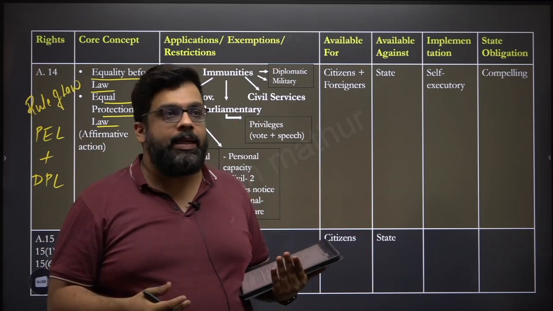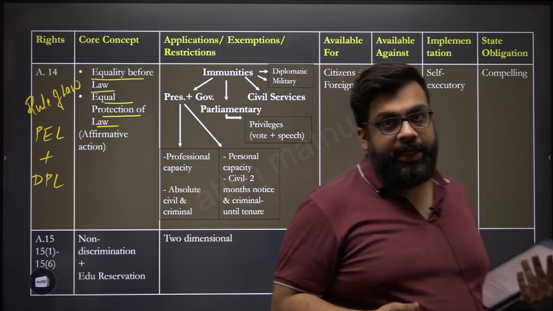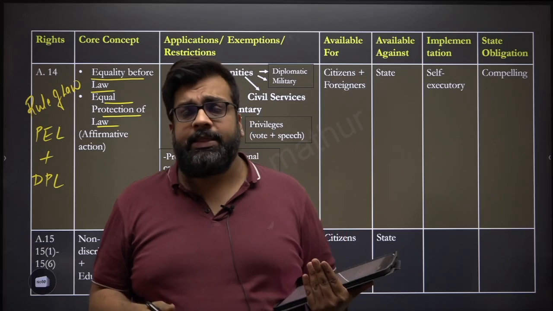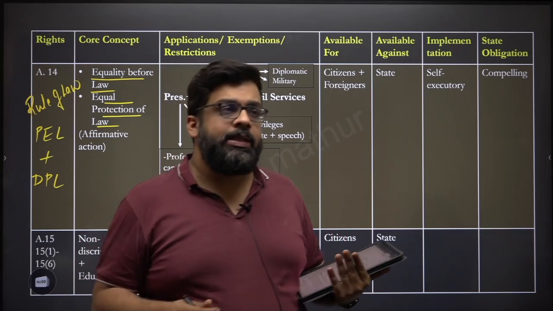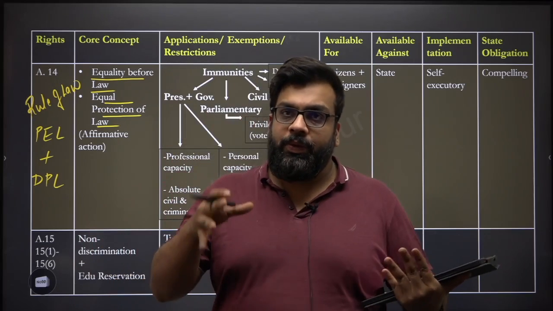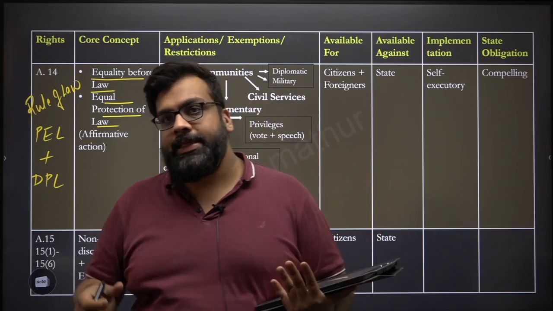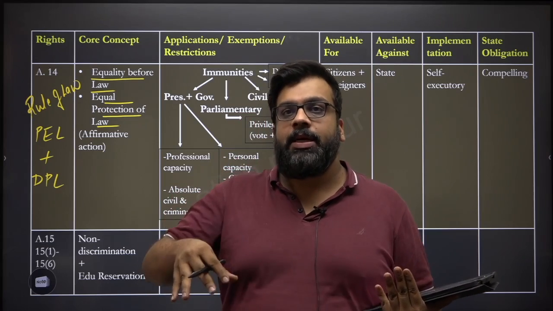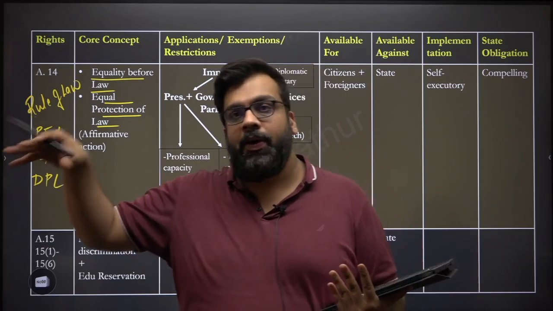For example, one of the most popular case studies on this is the Supreme Court striking down Section 66A of the Information Technology Act in the Shreya Singhal case. The larger argument was that Section 66A of the IT Act was originally instated so that the government had the powers to shut down the spread of hatred online.